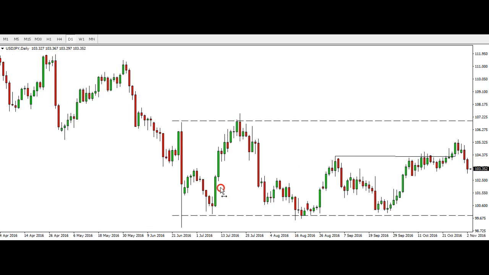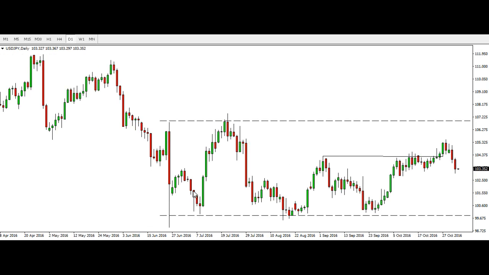So that is a buy signal by definition, let's say. A valid buy signal with a target, looking from the chart.